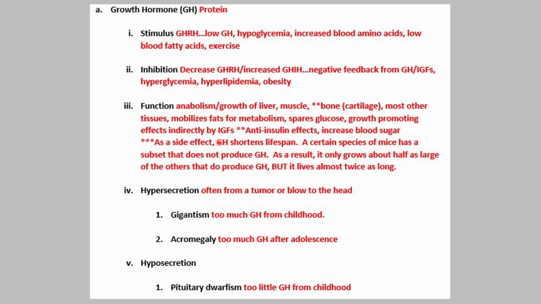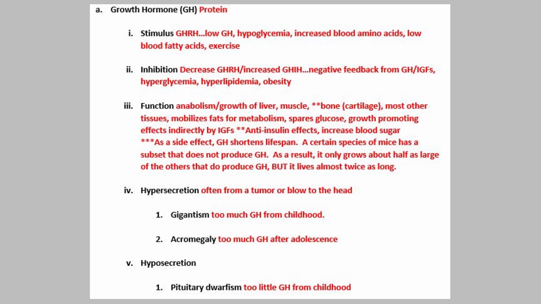But depending on when that growth hormone starts to be released in excess, what we end up with is either gigantism, if we have too much growth hormone from childhood, or acromegaly, too much growth hormone in adolescence. Now, we will come back to that in just a moment. Just know that gigantism and acromegaly both result from hypersecretion of growth hormone.